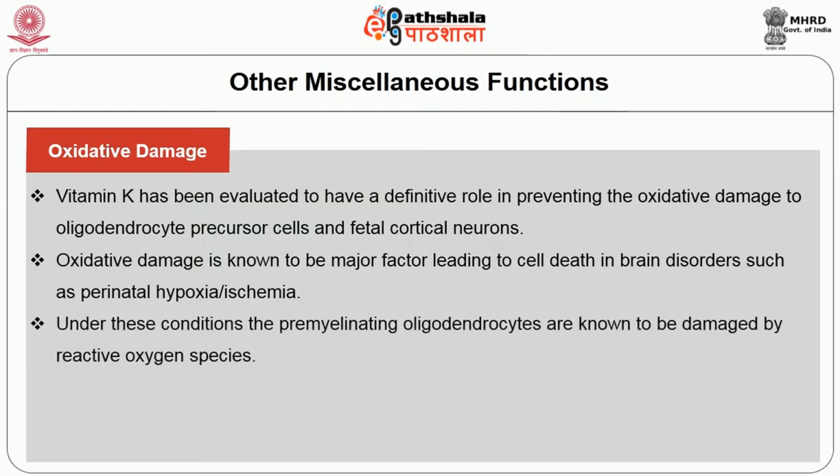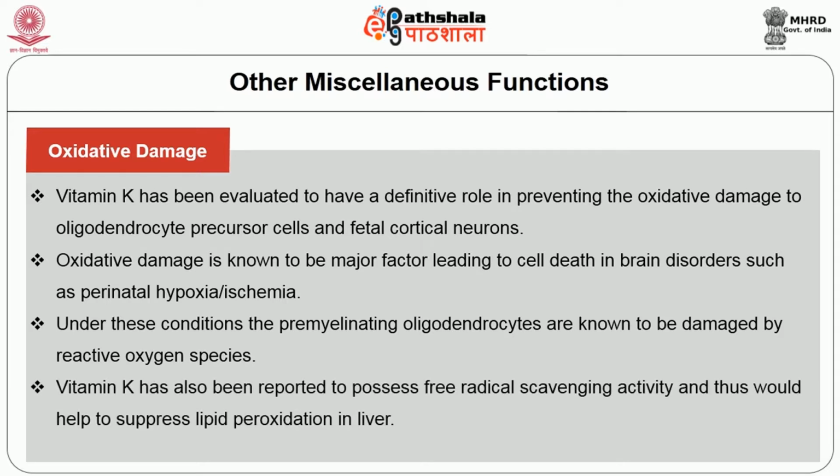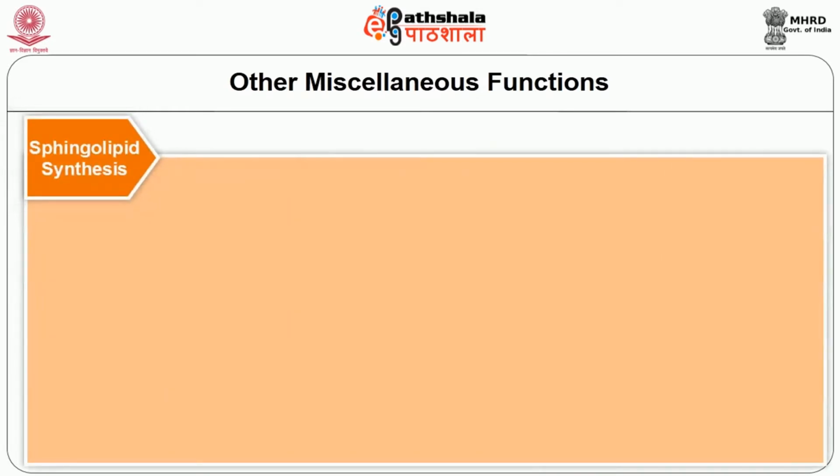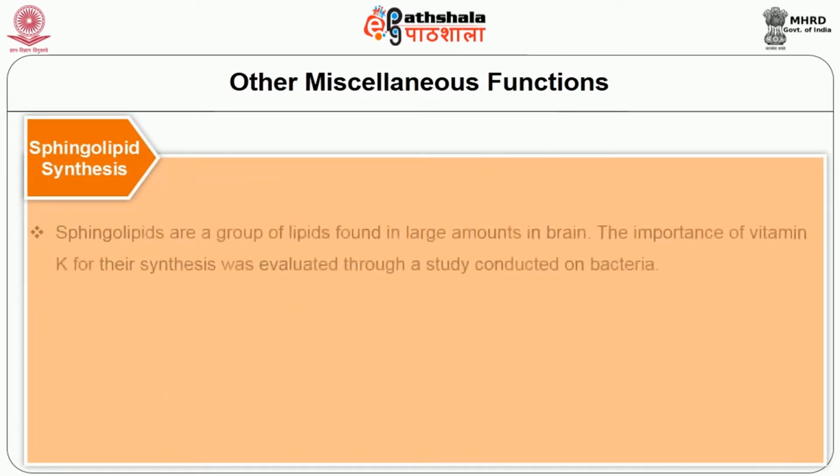Under these conditions, the pre-myelinating oligodendrocytes are known to be damaged by reactive oxygen species. Vitamin K has also been reported to possess free radical scavenging activity and thus would help to suppress lipid peroxidation in the liver. Next, we will see its role in sphingolipid synthesis.